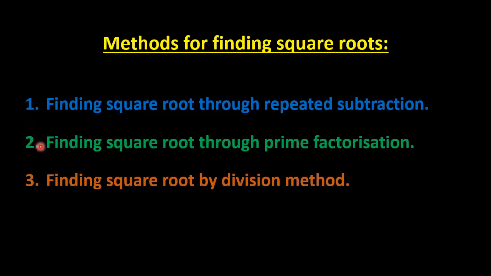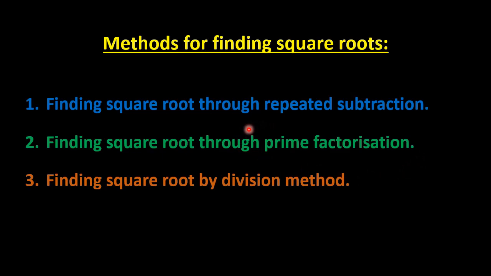The first and second methods for finding the square root we can do only for very small numbers, and they have a drawback. In the subtraction method, if the number is very big, then you have to subtract many times and it is very lengthy. In prime factorization also, if higher prime numbers are factors of a number, then you will face difficulty in finding the prime factors.